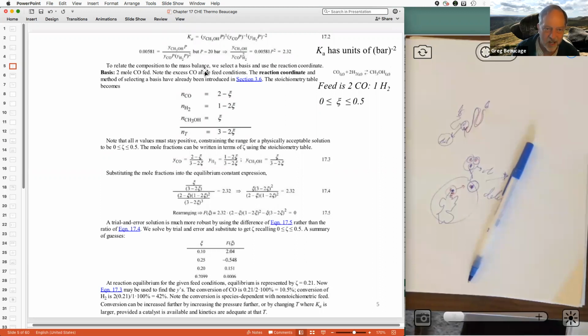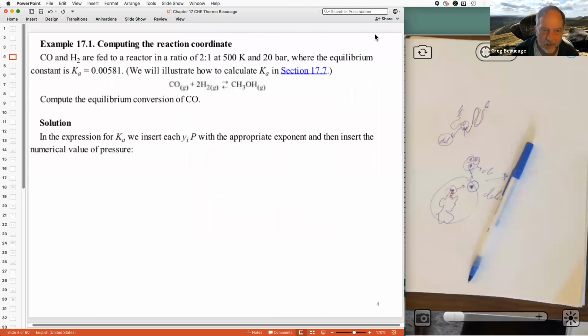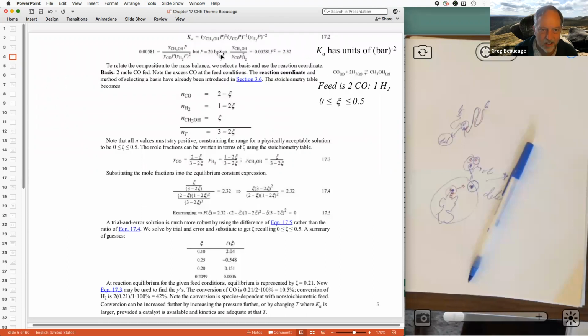Depending on the extent of the reaction, the moles change. At the beginning of the reaction it's 2 and 1, but at the end there would be some methanol, whereas at the start it would be 0. So it wouldn't work to take these moles, because those moles change constantly through the reaction. But at the end of the reaction, the extent of reaction will give you the moles.